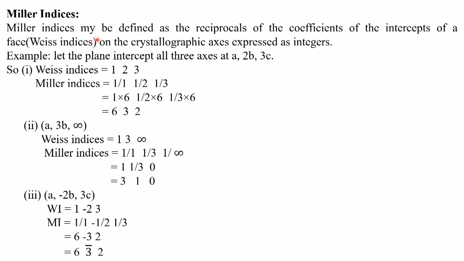Miller indices may be defined as the reciprocal of the coefficients of the intercepts of a face, or Weiss indices, on the crystallographic axis expressed as integers. For example, let the plane intercept all three axes at a, 2b and 3c, then Weiss indices are 1, 2 and 3, like we discussed just before.